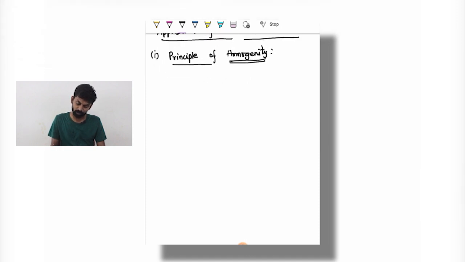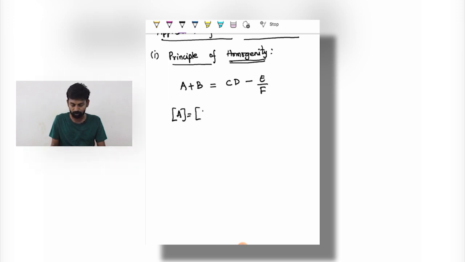If I say A plus B is equal to CD minus E by F. This is an equation. In the LHS we are adding two physical quantities A and B. In the RHS we are subtracting two physical quantities CD and E by F. So the unit of A should be equal to the unit of B. Otherwise we cannot add them.